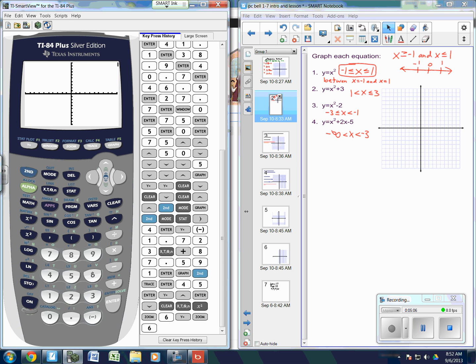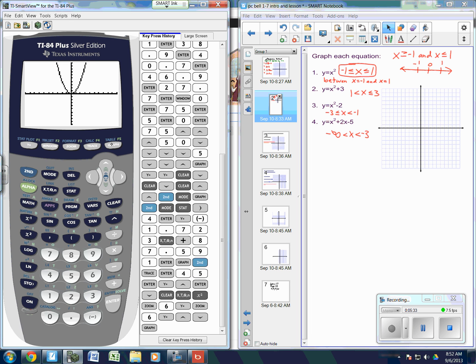Some of you are probably saying error because you have your stat plot on. One more time, watch. Go to your y equals. Go up. If that's dark, hit enter, and go back down. If it's not highlighted, it's not on. If it's highlighted, it is on. Okay? Hit your graph, and that's what it looks like.